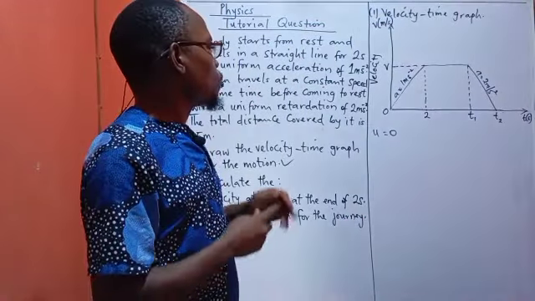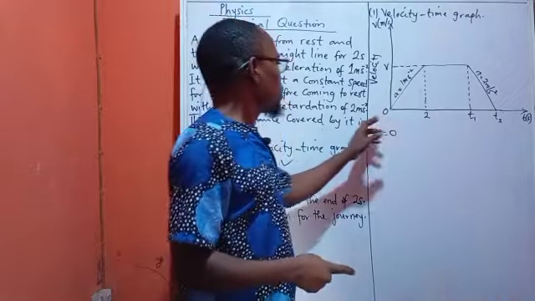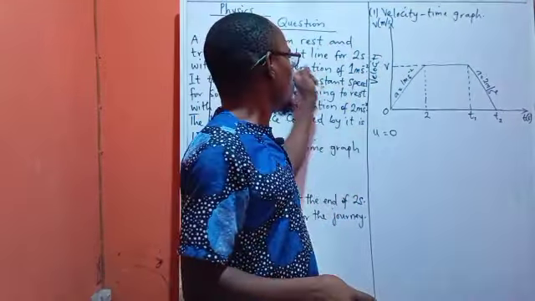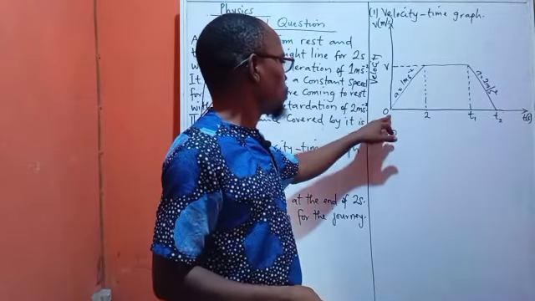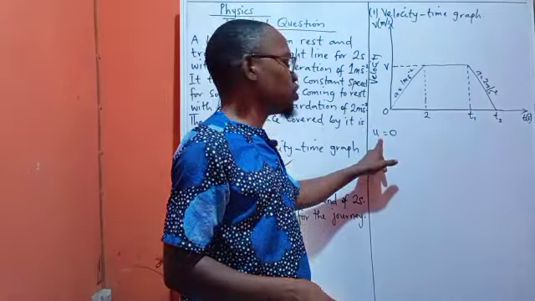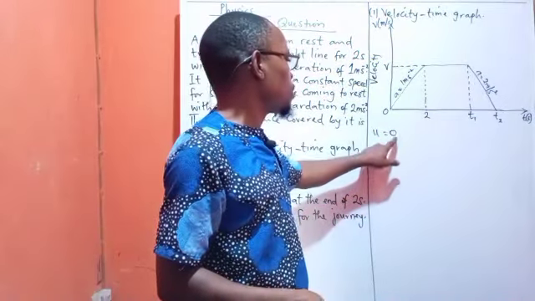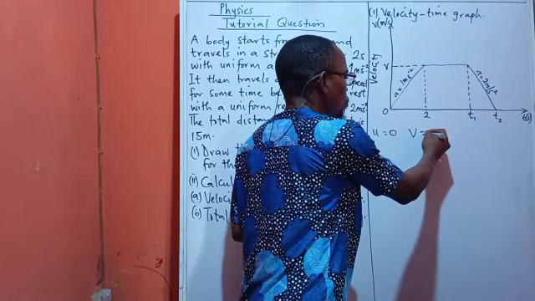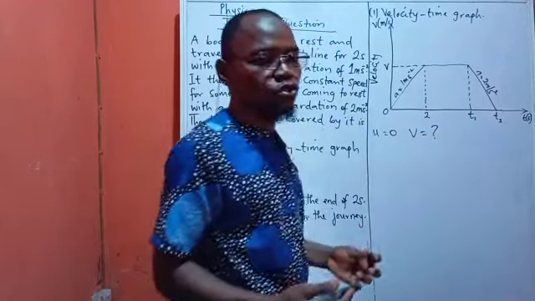Since the body starts from rest, which means it starts from origin, the initial velocity is 0. The final velocity is what they want us to calculate, which we don't know yet.